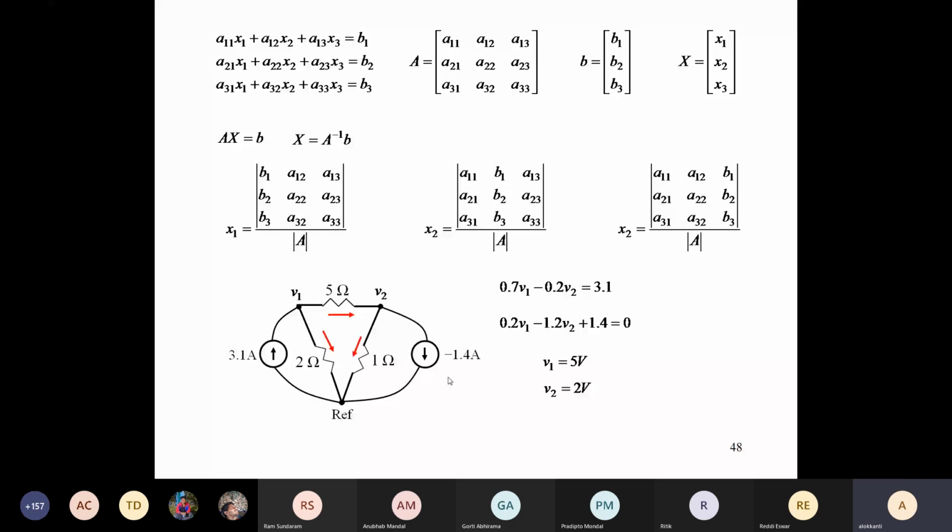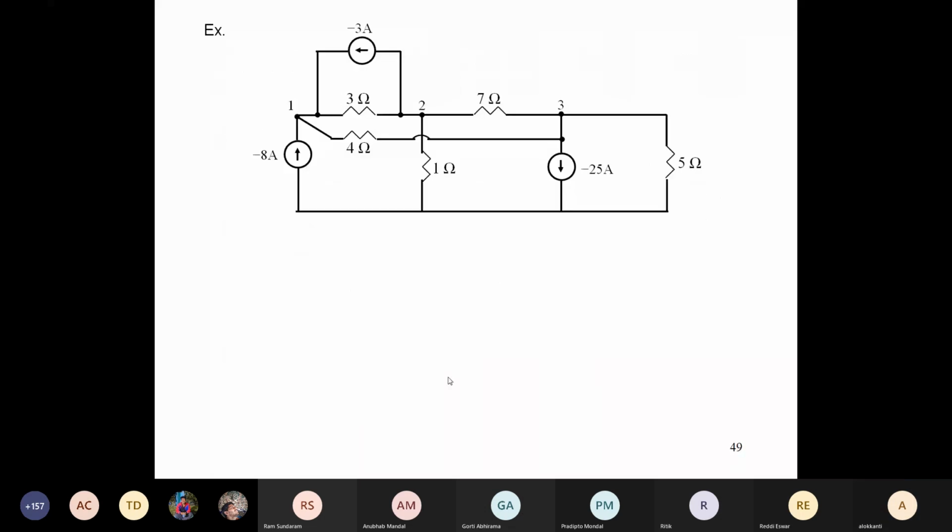Any one of you have done this? Who has done? What is the answer? Sir, if we take reference point all the downward nodes, then V1 will come 720 by 19 volts, V2 will come 147 by 19 volts, and V3 will come 880 by 19 volts.